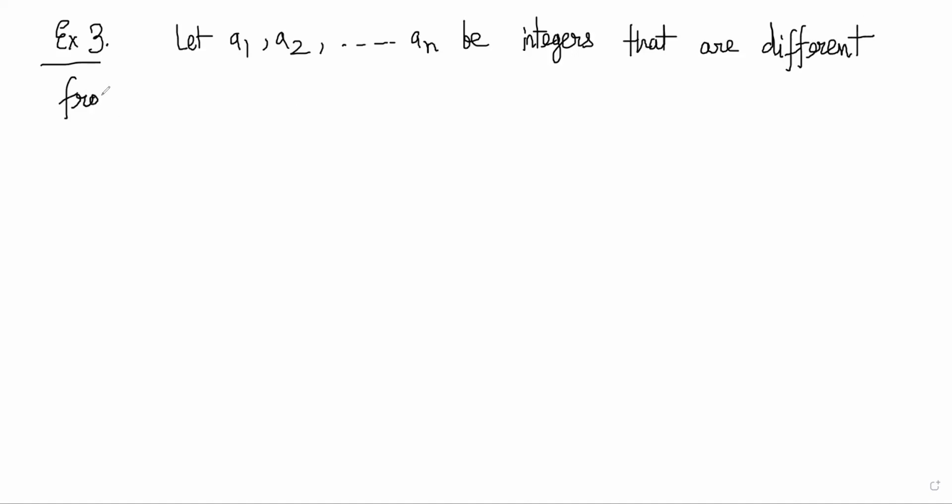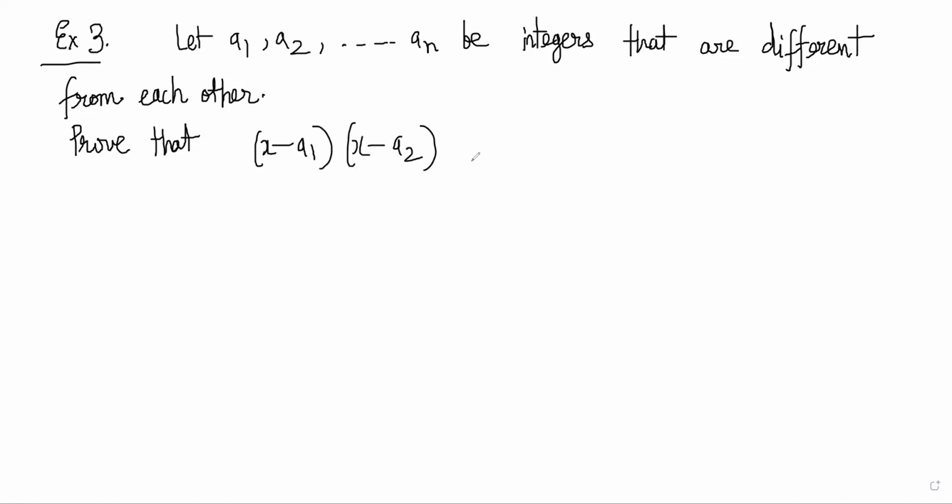Prove that (x minus a1)(x minus a2) product till (x minus an) minus 1 is irreducible in Z[x].